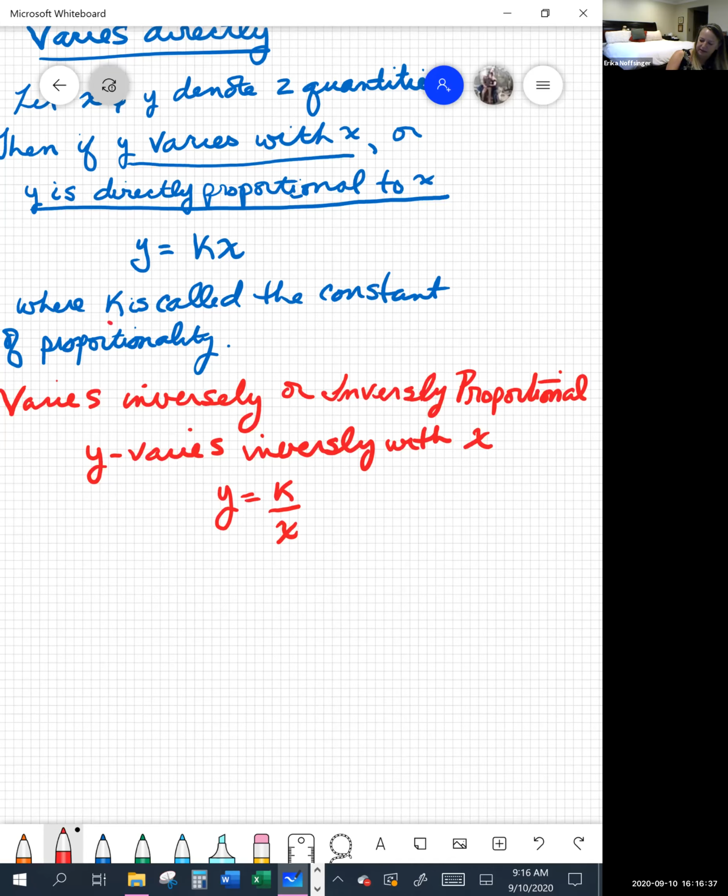This is the main thing in these problems. The other way they would say it is Y is inversely proportional to X.